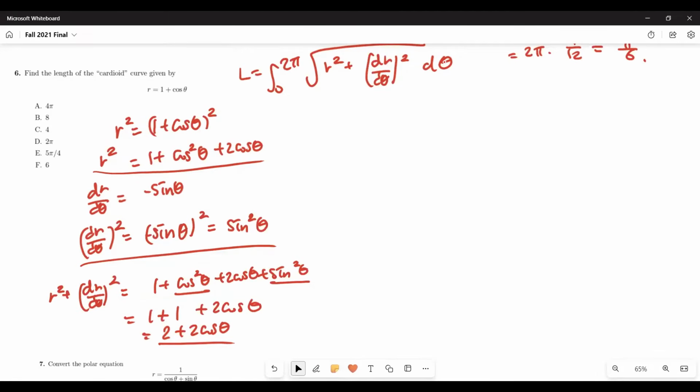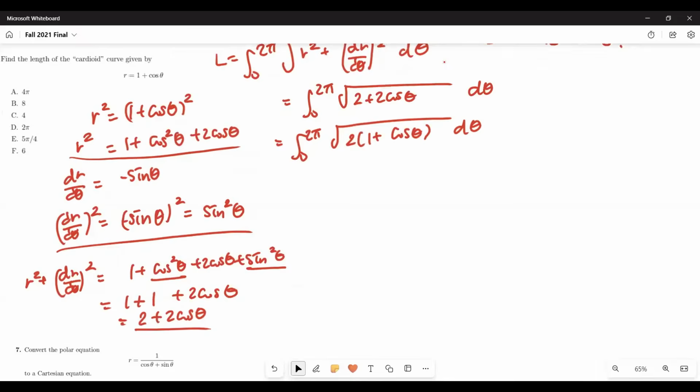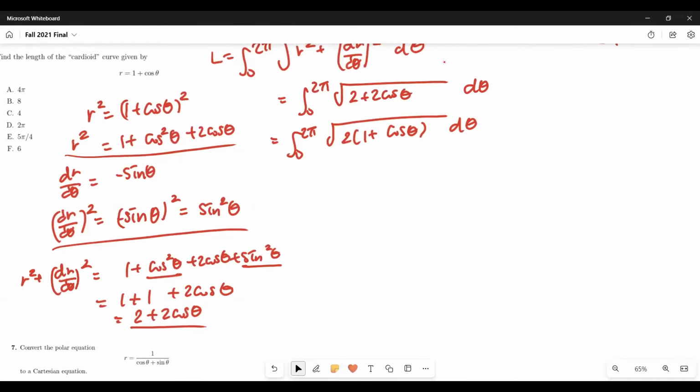Okay, so this is just integrating from 0 to 2 pi, square root of 2 plus 2 cosine theta d theta, group it by 2, 0 to 2 pi, square root of 2 times (1 plus cosine of theta) d theta. Okay, and now if you recall the trig half angle formula, 1 plus cosine of theta is equal to 2 cosine squared of theta over 2.